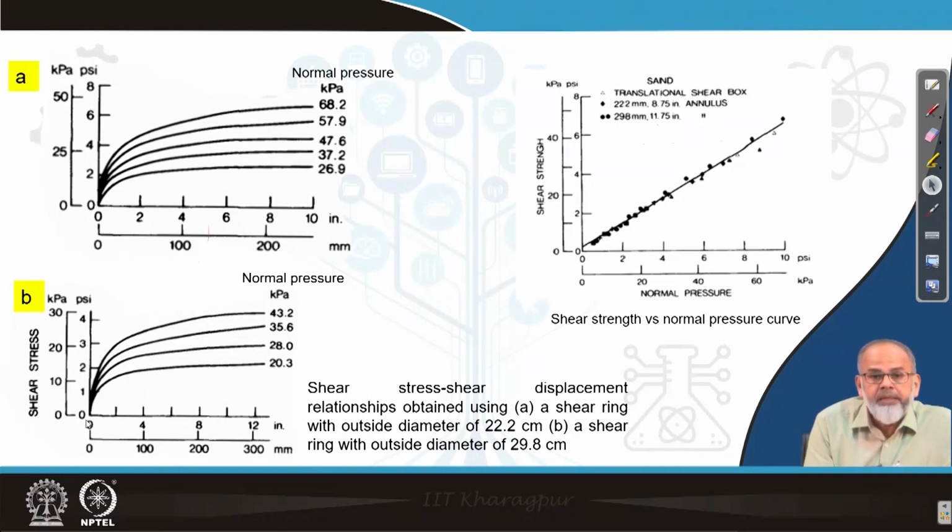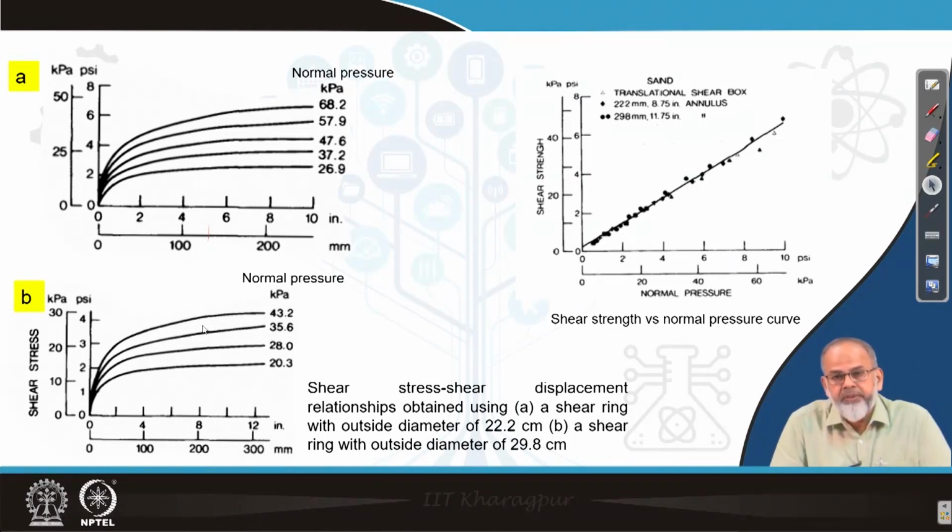That means initially it is increasing at a faster rate, then it is slowing down. So what you conclude from here is that whether you use a smaller annulus or a bigger annulus, that is not going to affect the shear strength measurement. But one thing is sure, that the shear stress is dependent on shear displacement and normal pressure.